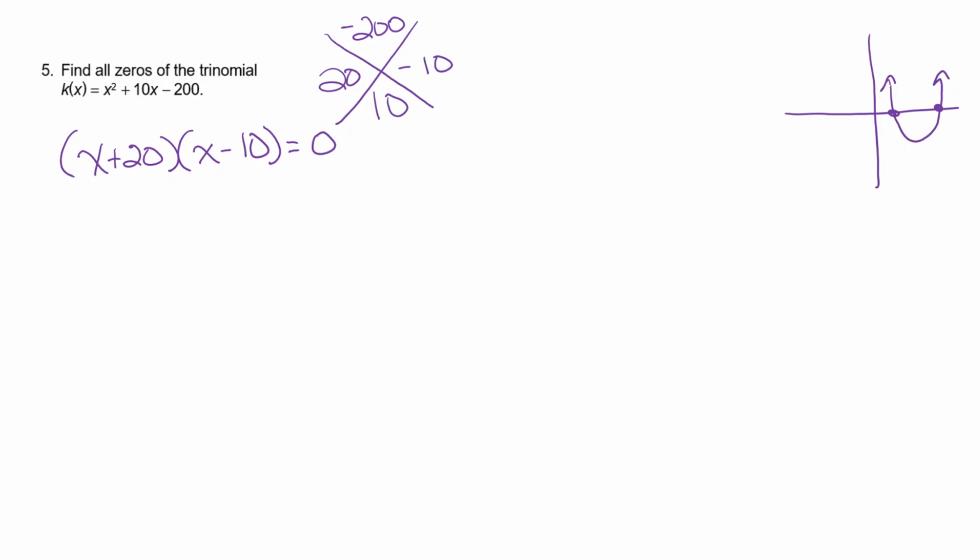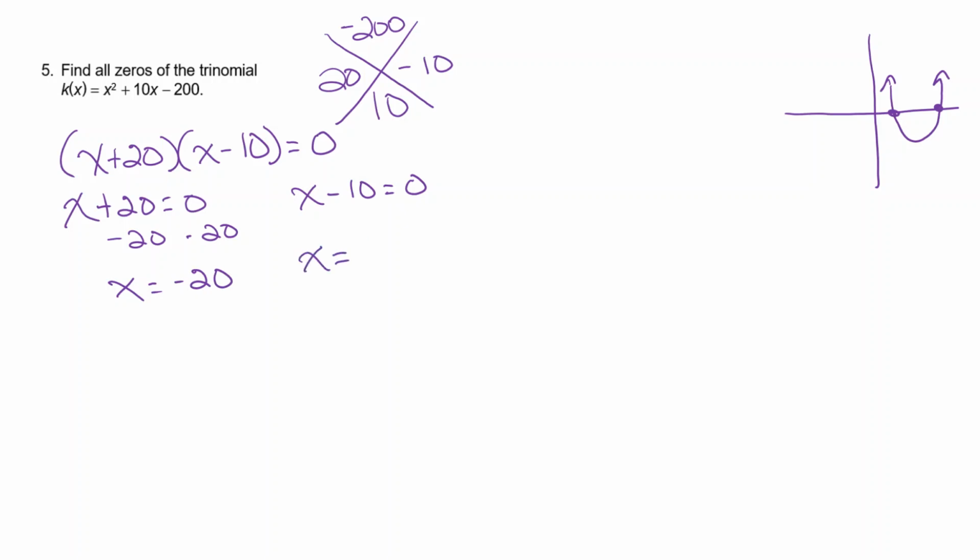Because remember, I'm trying to find my zeros. So x plus 20 will have to equal 0, or x minus 10 will have to equal 0. Because if x equals negative 20, the whole thing is 0.